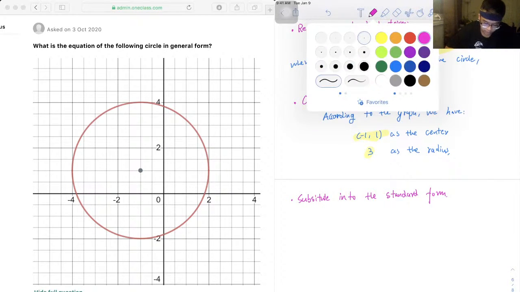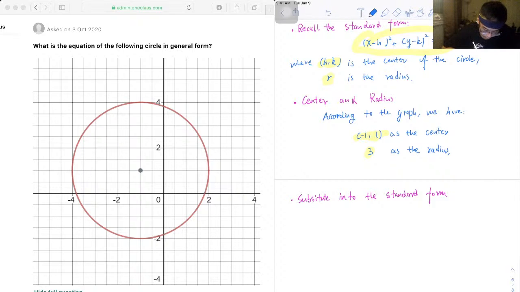Right. So let's copy down the original formula. (x minus h) squared plus (y minus k) squared is equal to r squared.